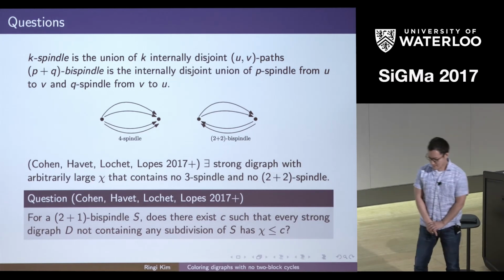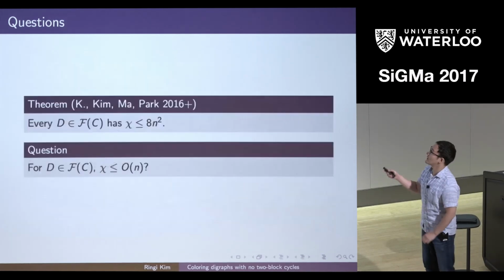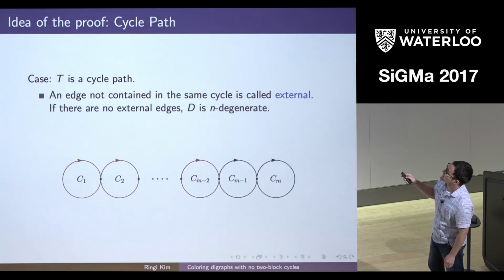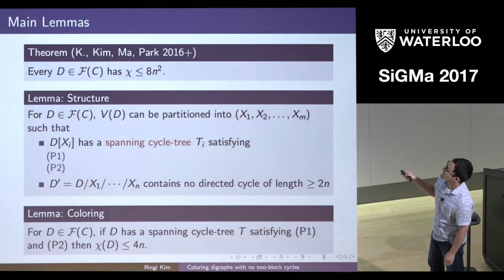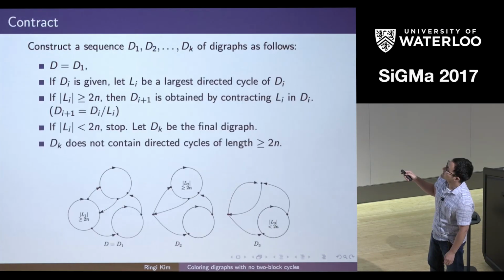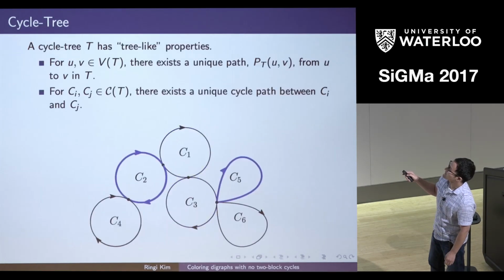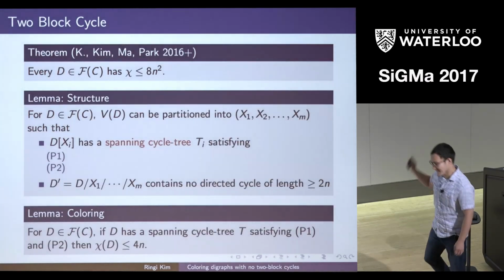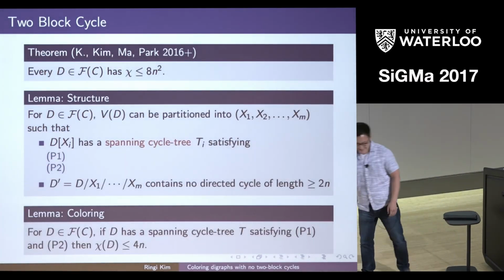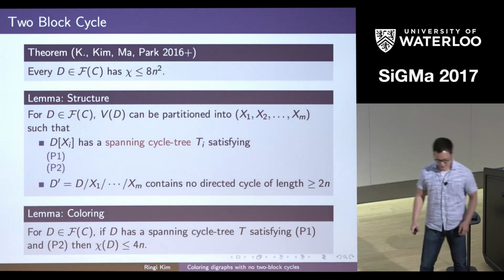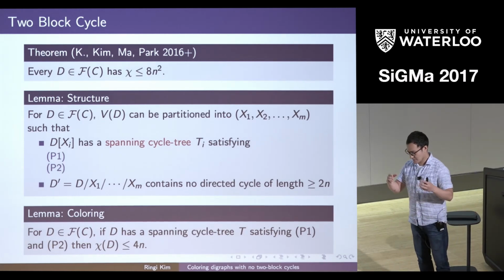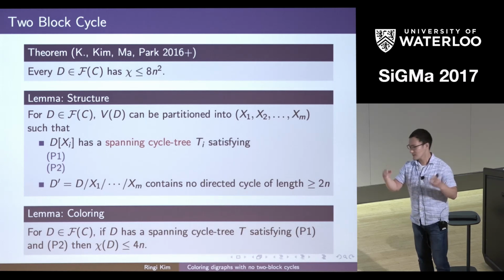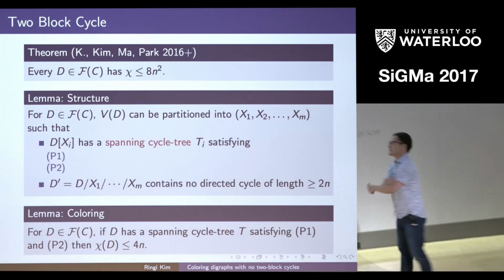There is a known example of digraphs that have large chromatic number but do not contain any two-blocking cycle.